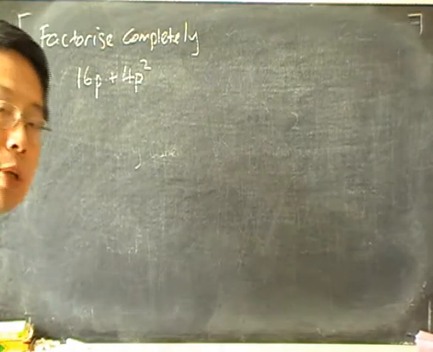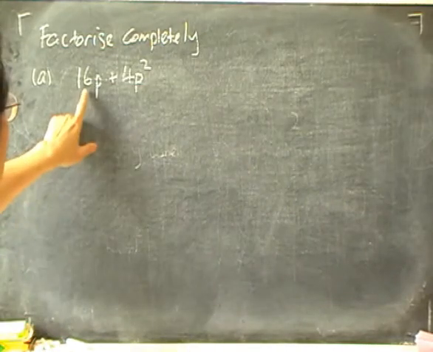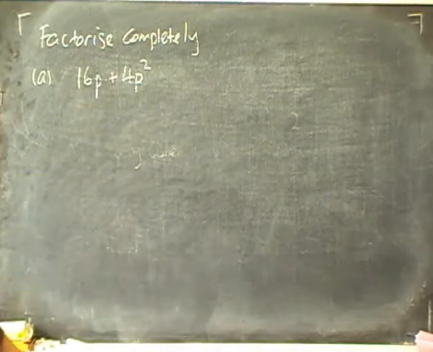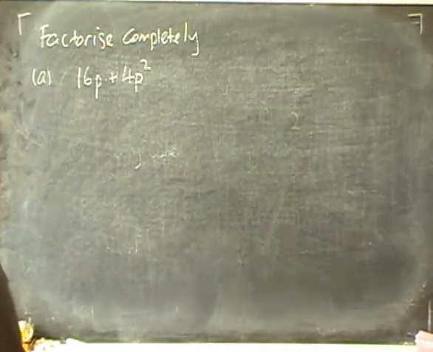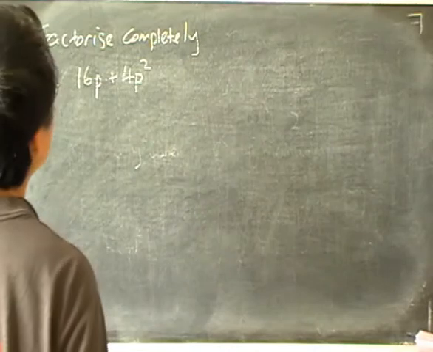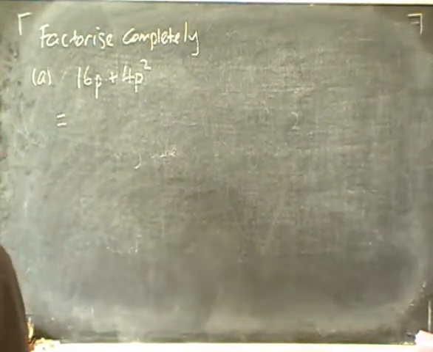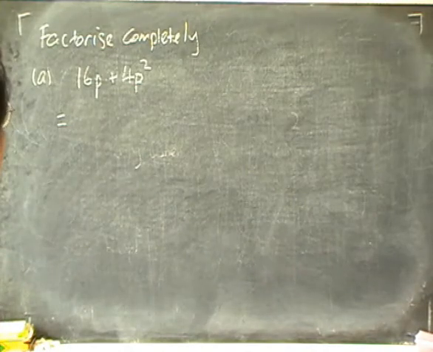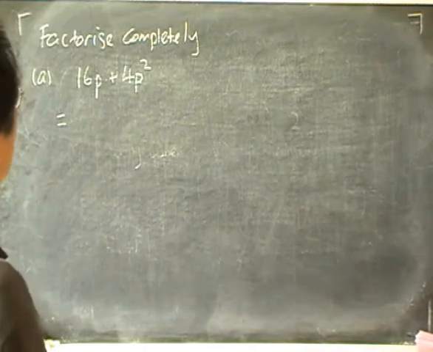In this question, we have to factorize completely 16p plus 4p squared. We can start by thinking about the factors for each term.